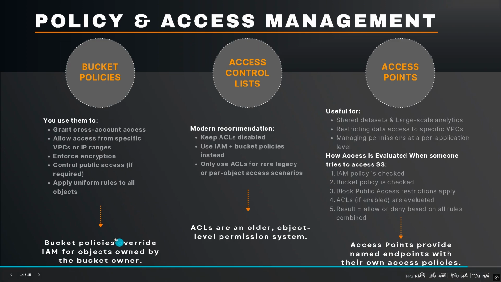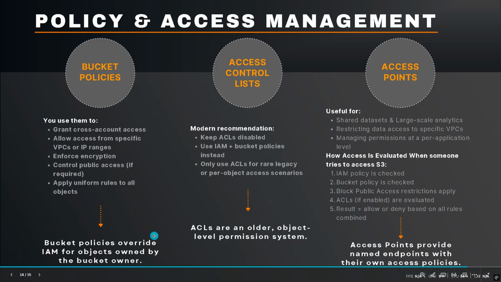Bucket policies override IAM for objects owned by the bucket owner. So now modern recommendations for access control lists: keep ACLs disabled. Use IAM and bucket policies instead. Only use ACLs for rare legacy or per-object access scenarios.